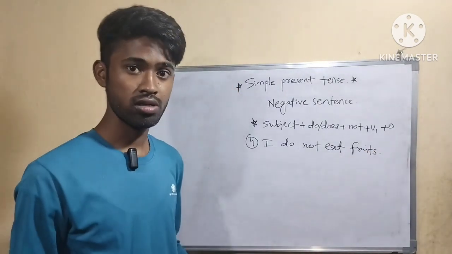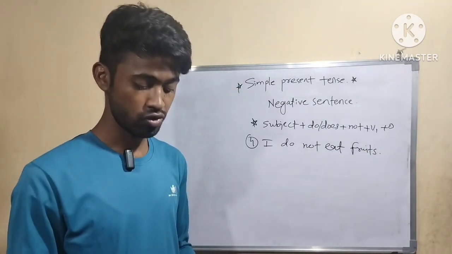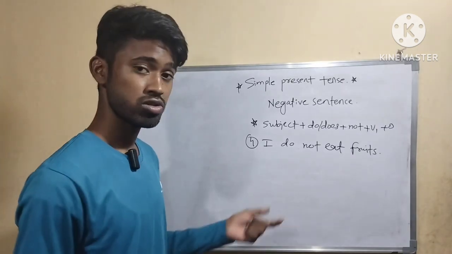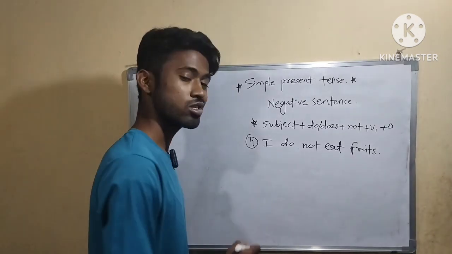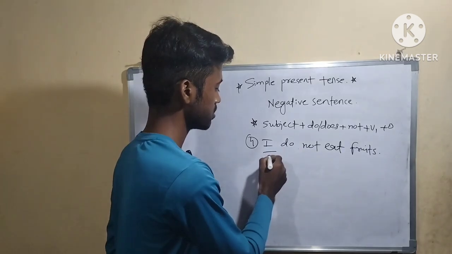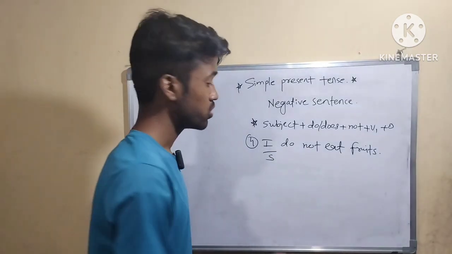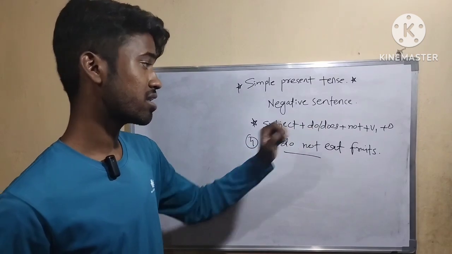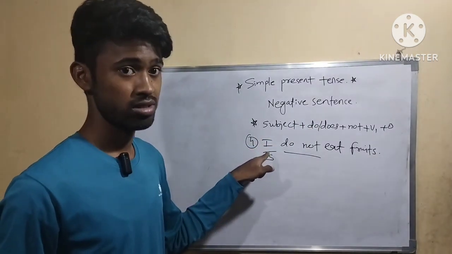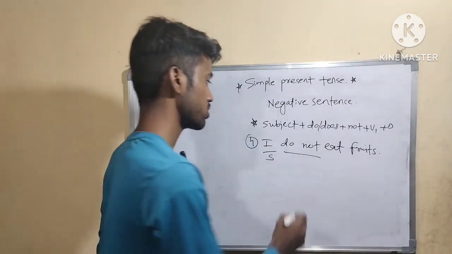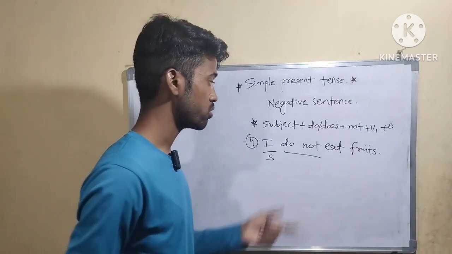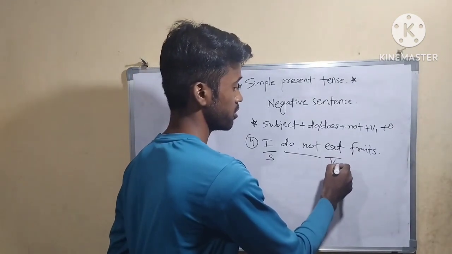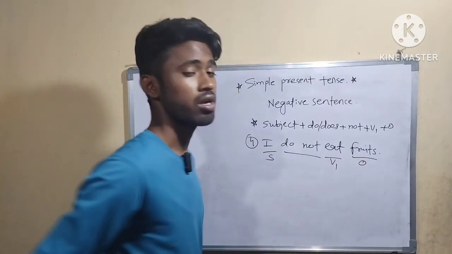This is only an example, but you should eat fruits, it is good for your health. What is the subject here? I. This is the subject. Here I have taken do not, I didn't take does not. Why? Because this is first person singular. So for negative I have taken do not. After that the first form of verb and this is the object.